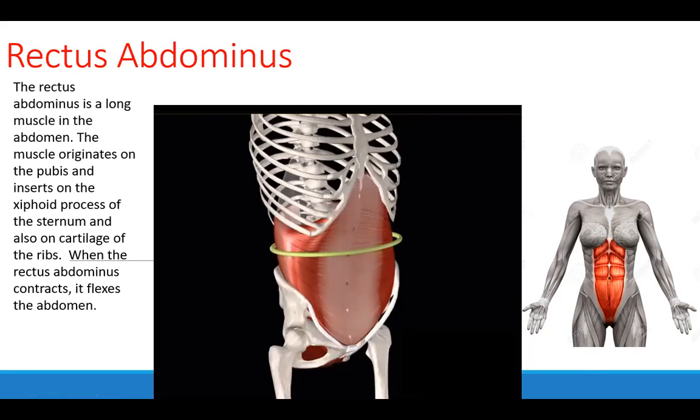We hold our breath when we do that because we can't allow our diaphragm to flex up and down if we're stabilizing the abdomen. So when we contract this muscle, it stabilizes the abdomen, but we're holding our breath.